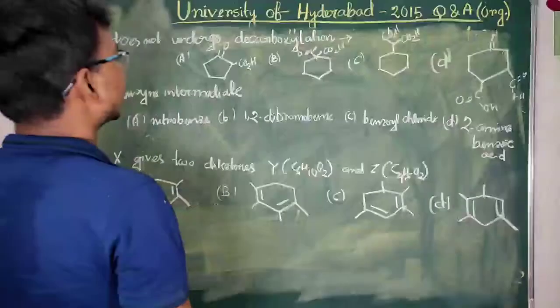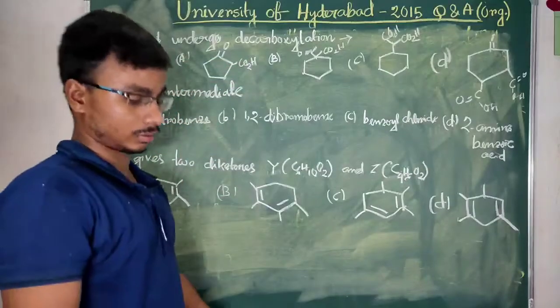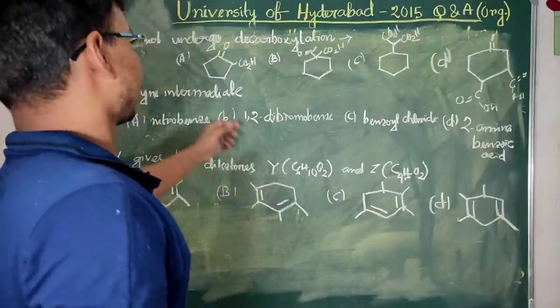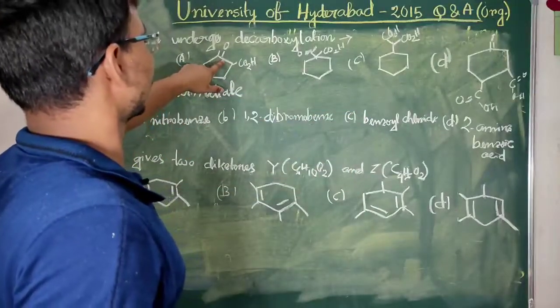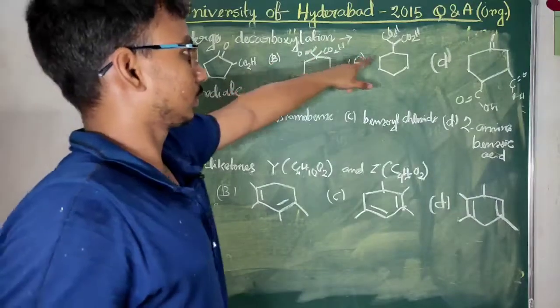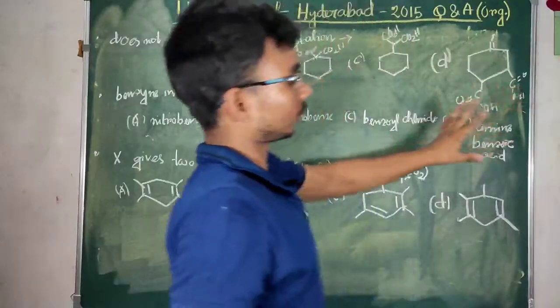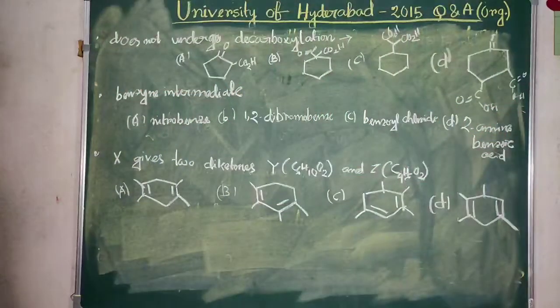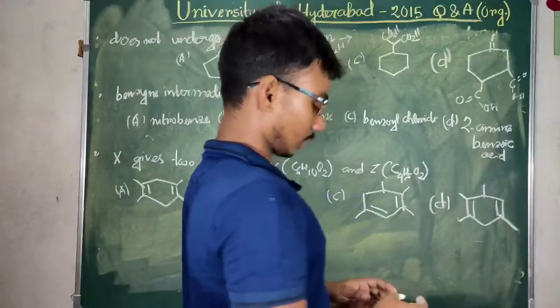So our next question is, which compound does not undergo decarboxylation? We are given 4 compounds. One is a ketone along with COOH, one has 2 adjacent COOH, here is also 2 adjacent, and here is also a compound given. We have to predict the compound which does not undergo decarboxylation.